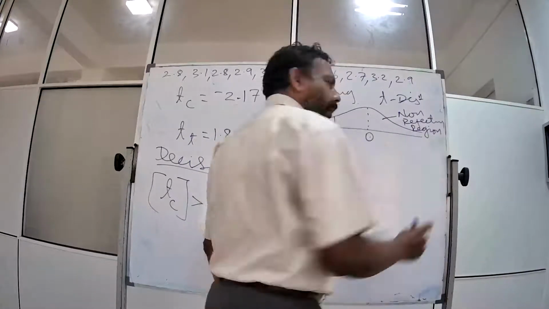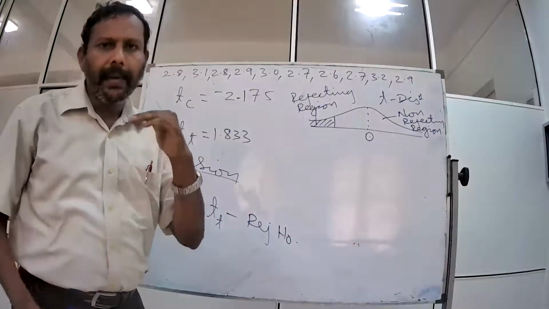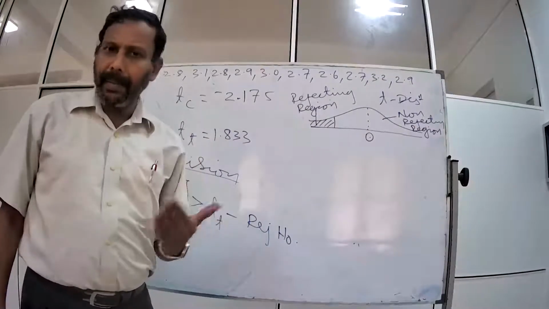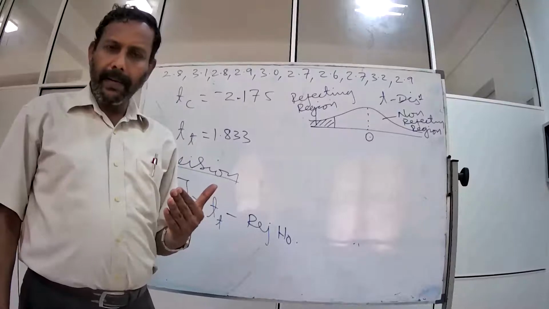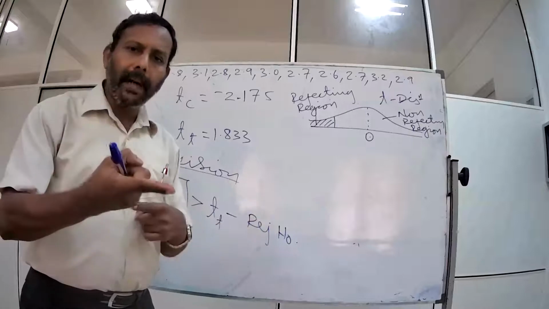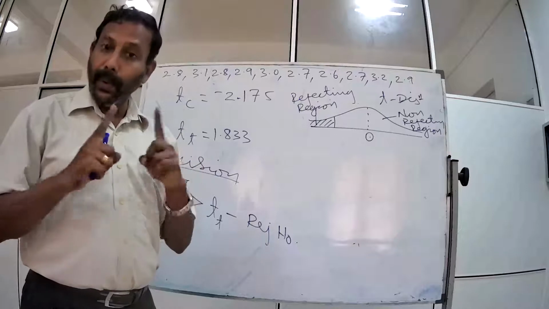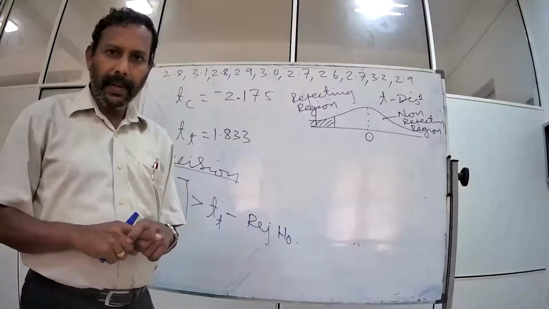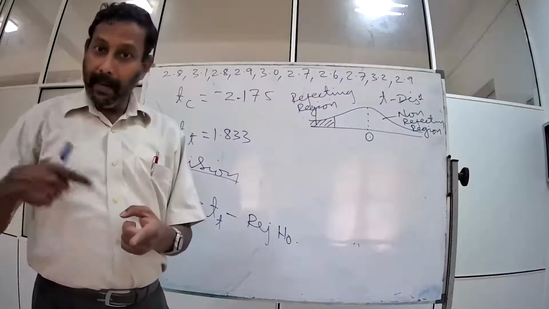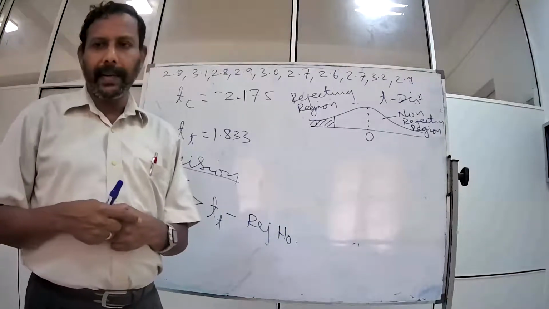We discuss the rejecting region and non-rejecting region only in terms of the null hypothesis. We are testing the null hypothesis. If we reject our null hypothesis, we accept the alternative hypothesis. If we do not reject our null hypothesis, that means we accept our null hypothesis, and then the alternative hypothesis will be rejected.